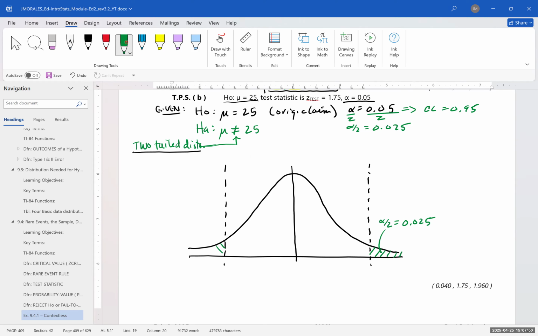And the area in this tail is alpha over 2, and that's 0.025 also. And we have a confidence level of 0.95 in between.